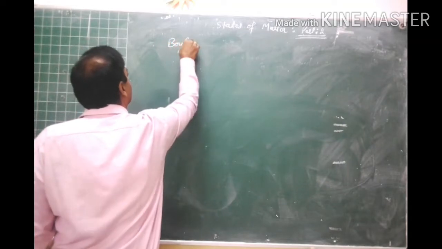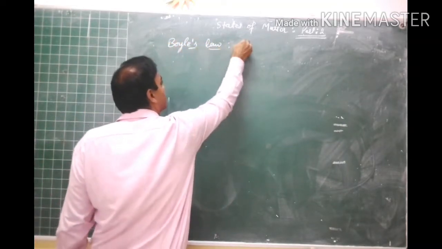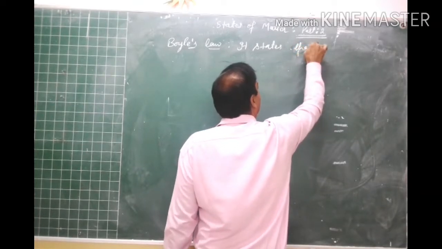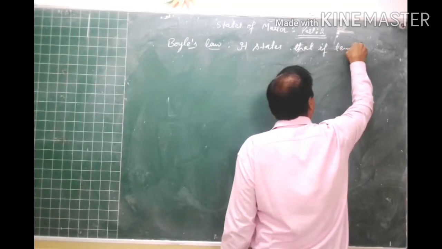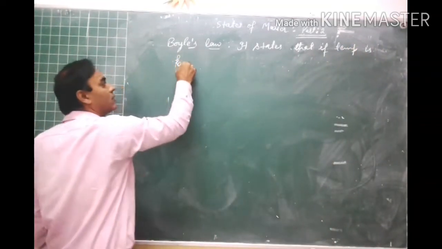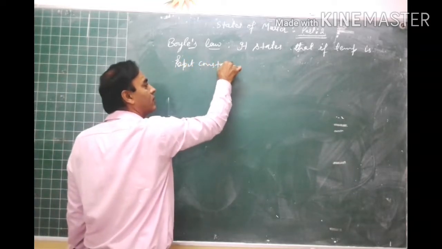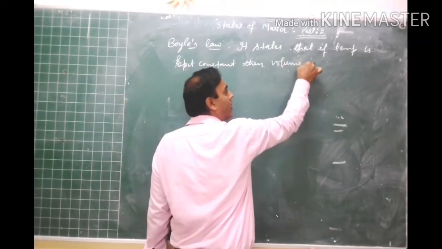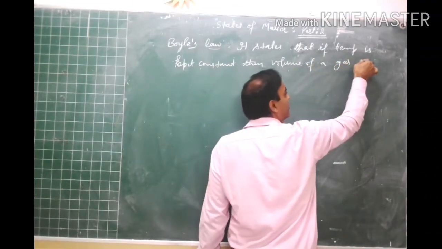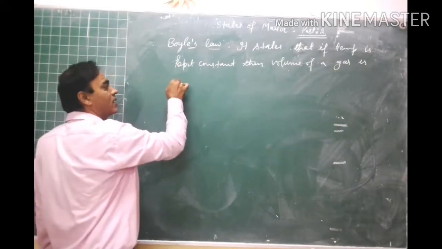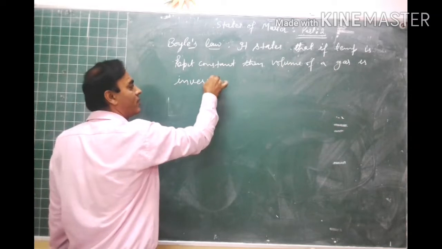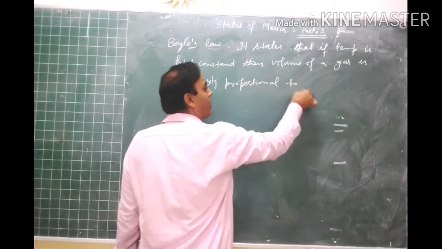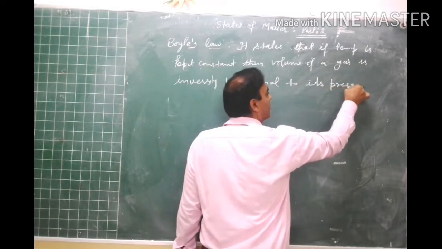Now what is Boyle's law? Boyle's law states that if temperature is kept constant, then the volume of a gas is inversely proportional, not directly proportional, is inversely proportional to its pressure, right?